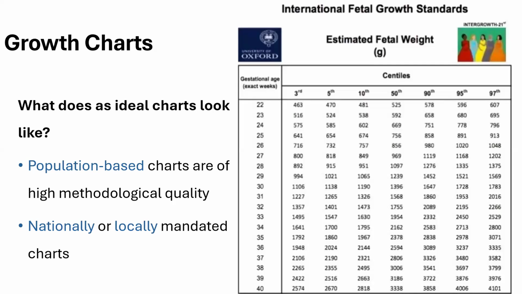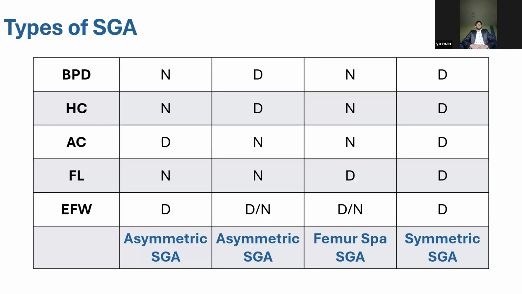So it's really of paramount importance to select the best charts that could be tailored to your nationality or your growth potential. Technically, after this point, we can diagnose small for gestational age.